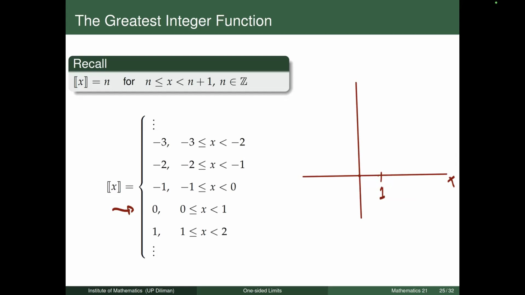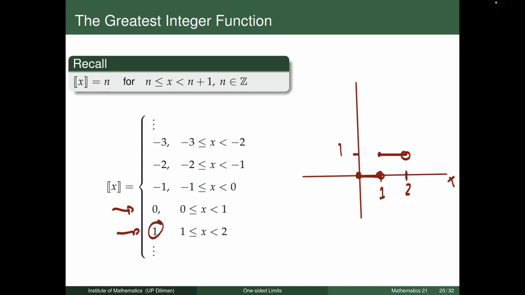So the graph will be, let me exaggerate this, okay? But 1 is not included, so you have a hole. If your x is from 1 to 2, here is 2, the value is 1. So from 1 to 2, but 2 is not included because there is no equal sign there.